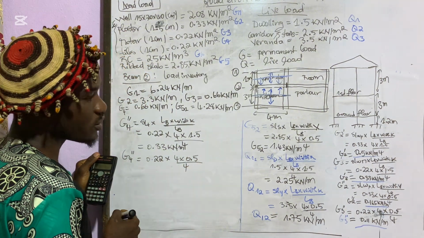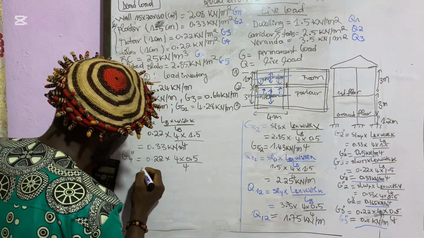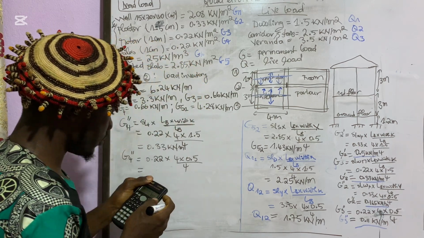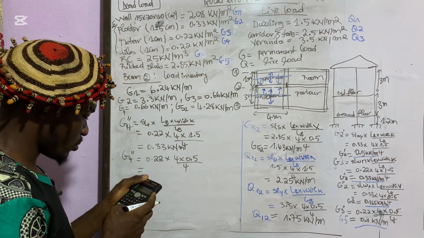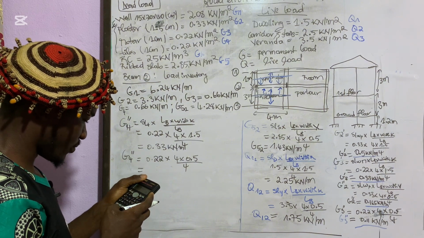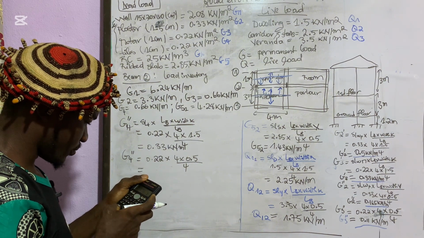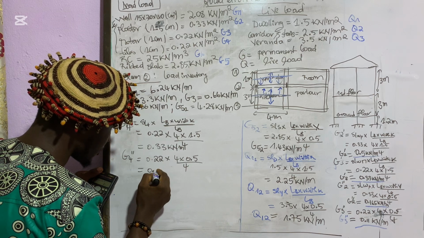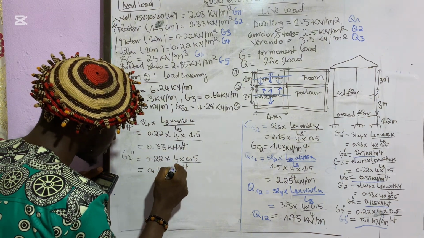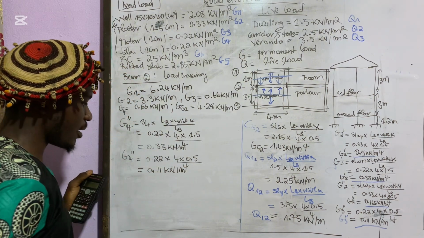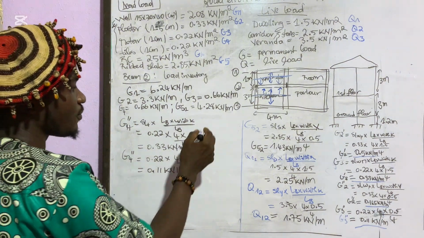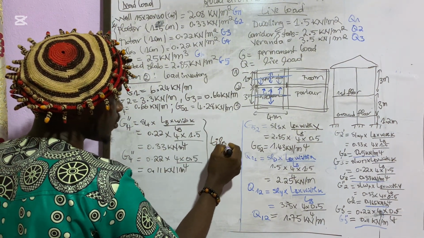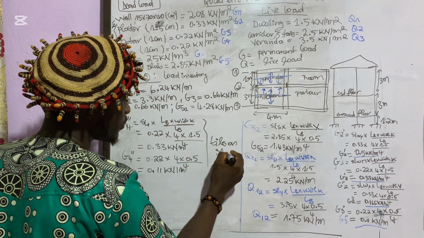It's going to give us 0.22 times 0.5, 0.11 kilonewton per meter. That's G4, this for the ties on the slab.